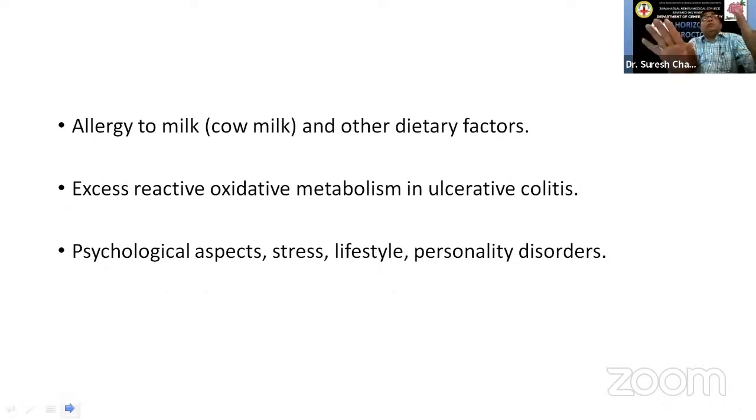Allergy to milk, especially cow milk, is another; that's why we tell the patient not to consume cow milk, because there may be remission following this, and other dietary factors also play a role. There is also excessive reactive oxidative metabolism in ulcerative colitis. Psychological impact, stress, lifestyle, and personality disorder also play a role in the development of ulcerative colitis.